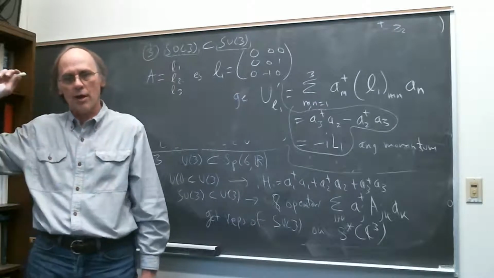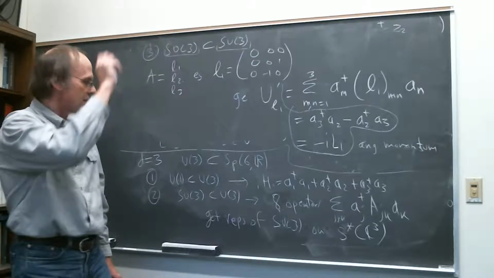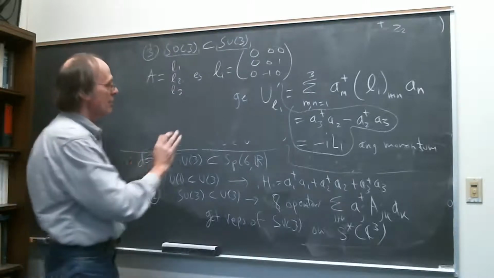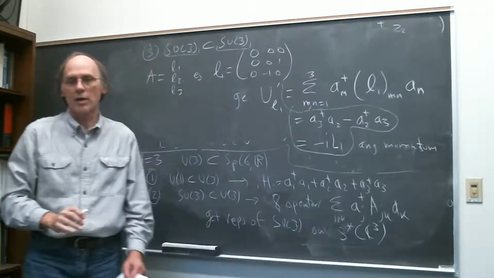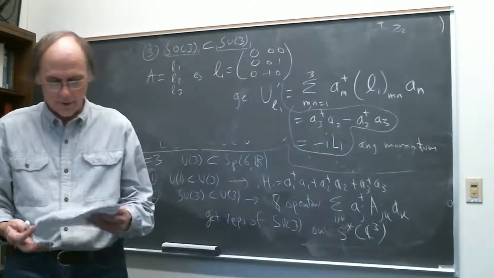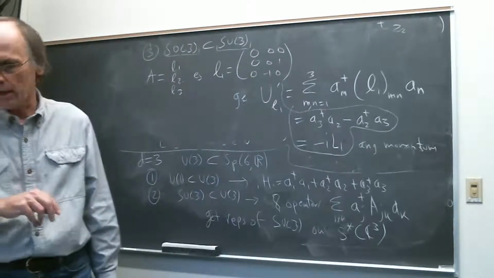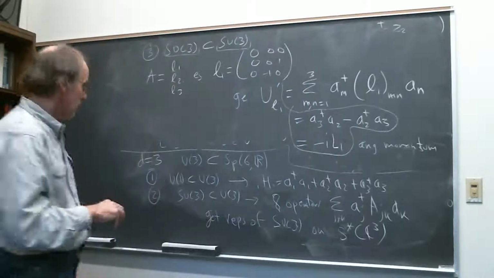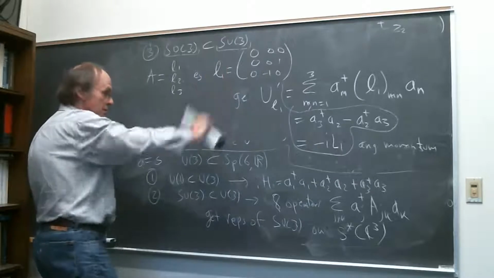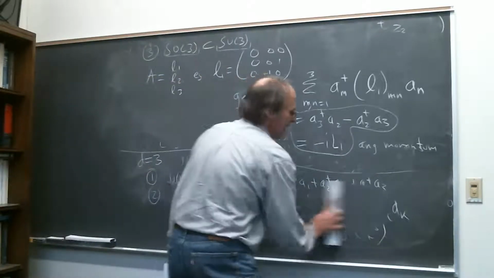I'll work out more of this next time, but let me say what the translation is going to look like. Then the first thing I'll do is start talking about the Hamiltonian and dynamics. So now we're going to leave finite dimensions.